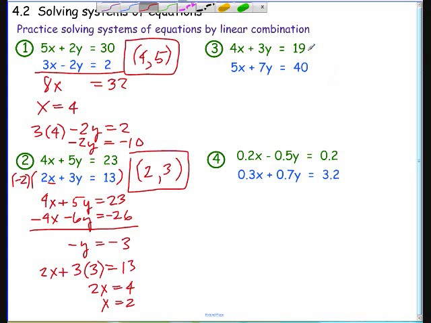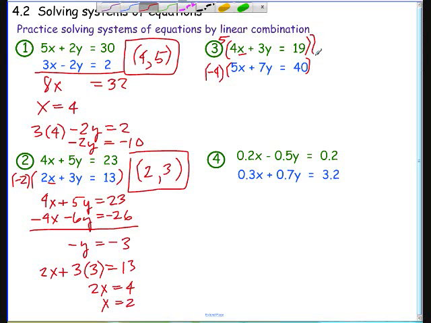Let's try this one. This one I don't have such a simple way to do it. But, should I go for the 4 and 5 or the 3 and the 7? I think I'll go for the 4 and 5. So that means to eliminate my x, which is what I'm going for, I'm going to multiply this by 5 and this by -4.